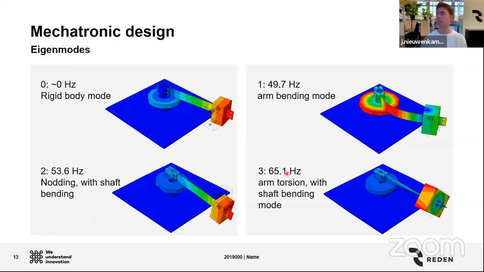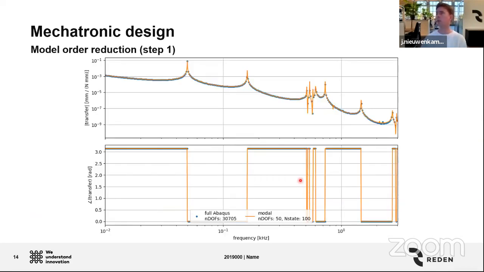So the first thing we did is extract the eigenmodes of that system, and then using those eigenmodes, you can create this transfer function, and the transfer function gives you a very good characteristic of your system.